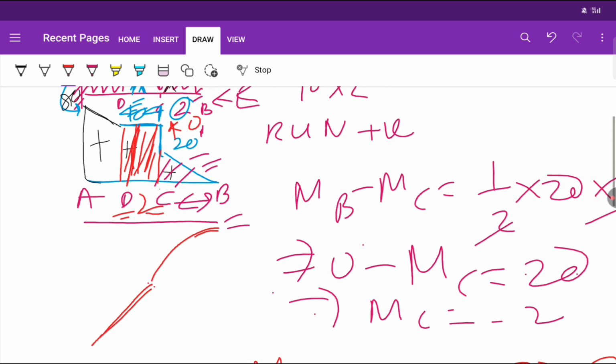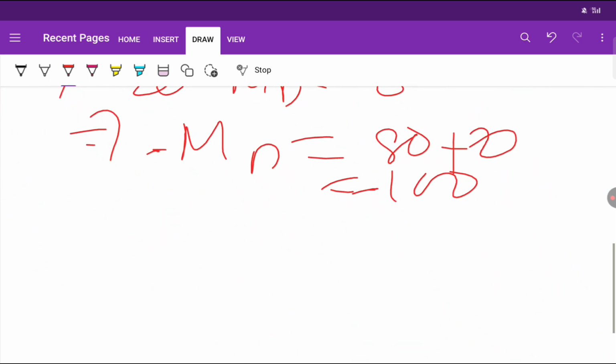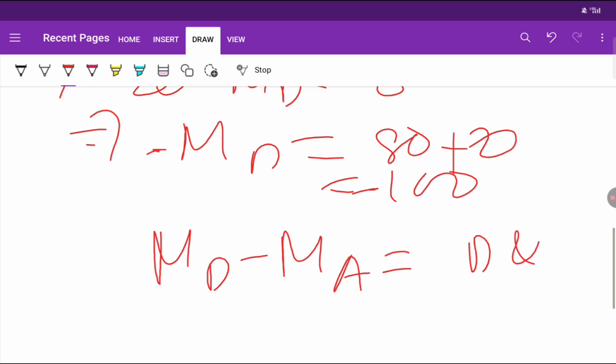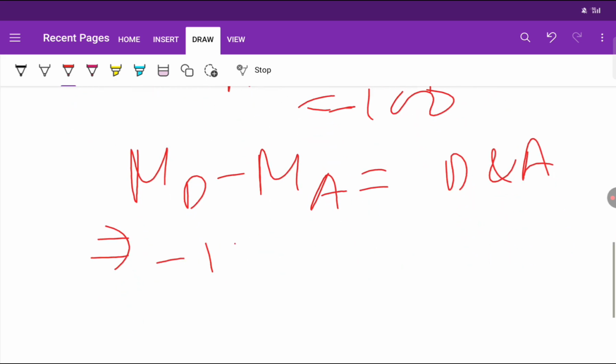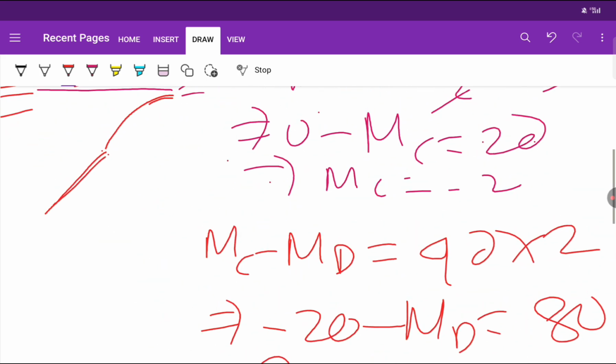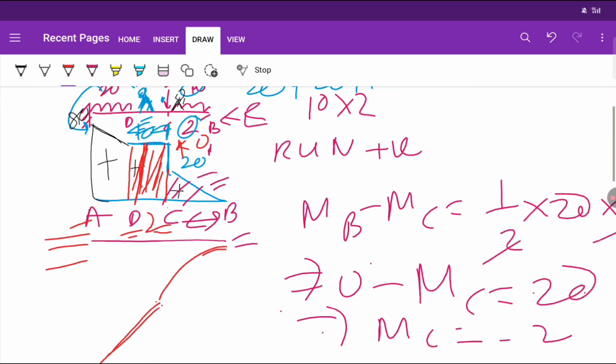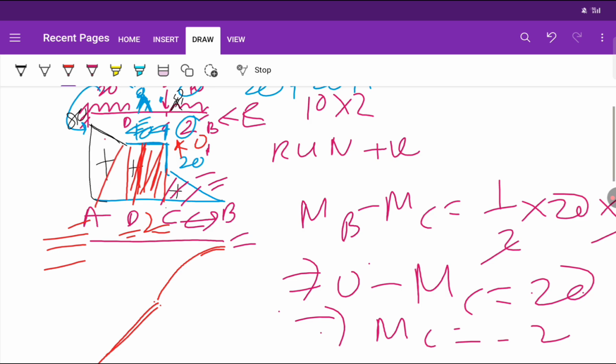Now we want to calculate the value of MA. So MD minus MA is equal to the area of the shear force between D and A. The value of MD is already calculated, that is minus 100, minus MA. The value of MA we need to calculate. What is the area available between D and A? This is a trapezium.